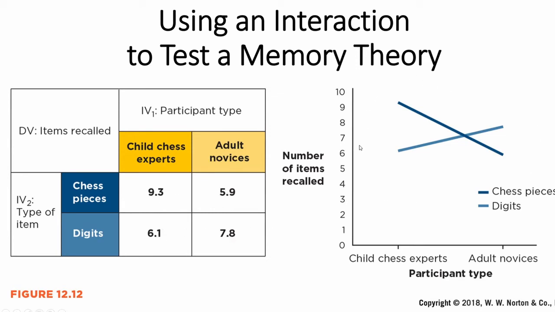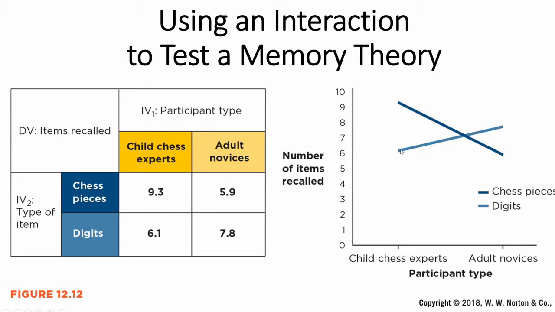And we can look at that on a graph again with our dependent variable on the y-axis, so number of items recalled. And then on the x-axis, we have our participant type, child chess expert versus adult novice. And again, dark blue is the chess pieces they recalled, and the lighter blue is the digits they recalled. So this line here is the darker blue, and so child chess experts recalled more chess pieces than adult novices could.